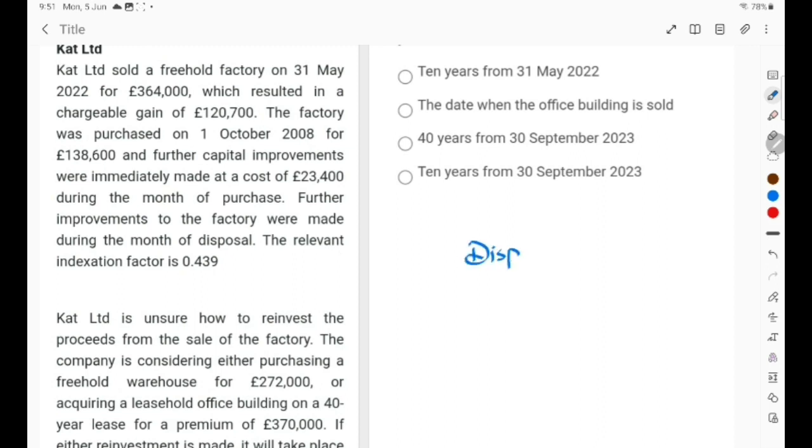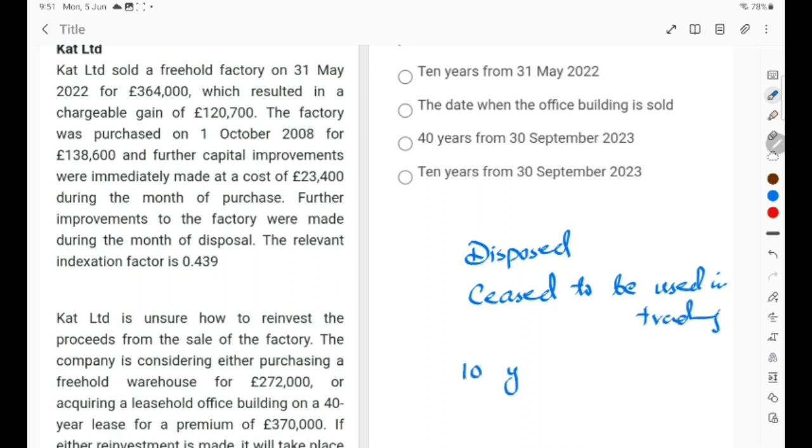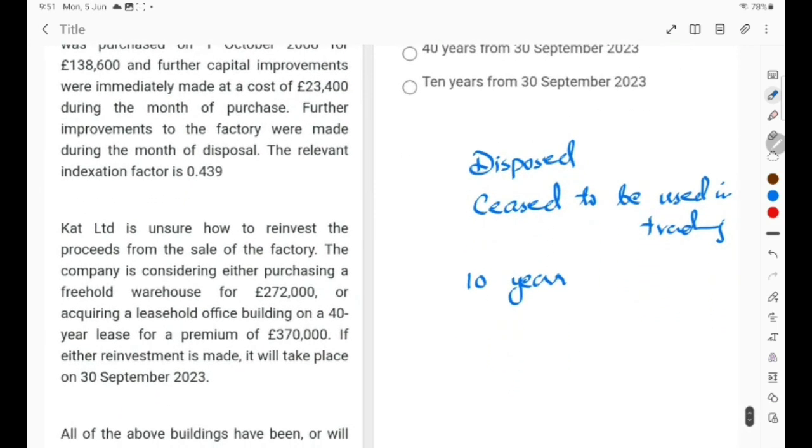Two, the date when the replacement asset ceases to be used in trading. And third is 10 years from the date of purchase of the replacement asset. The replacement asset is purchased on 30th September 2023, so 10 years from that will be 30th September 2033.